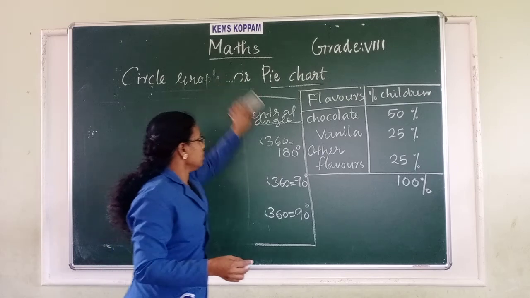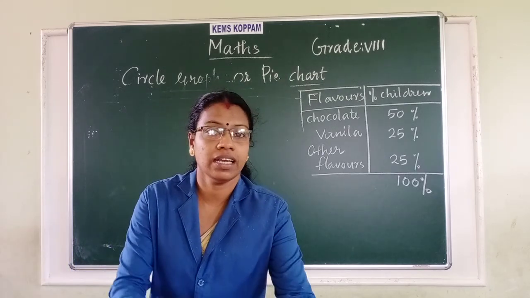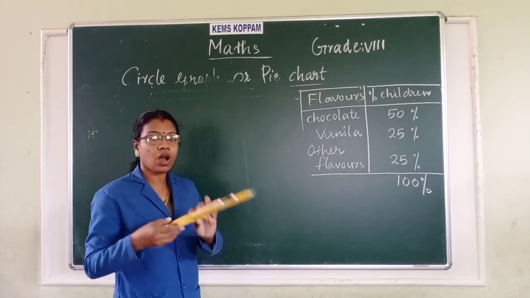For drawing a circle graph, I already told you, first we need to draw a circle with our compass.